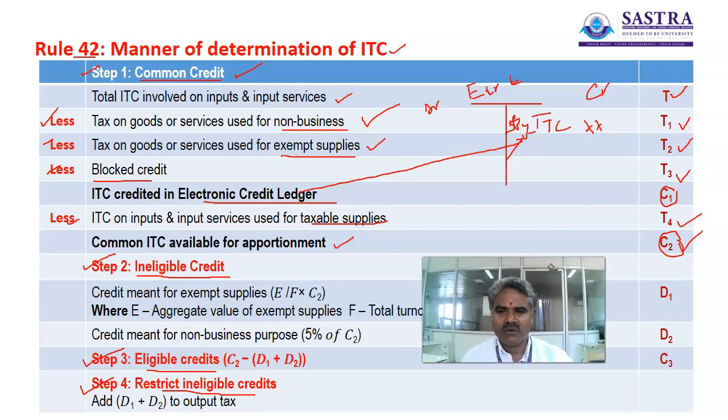C2. Now step number 2. Ineligible credit. Credit meant for exempt supply. This is D1. So here credit meant for exempt supply, E is exempted turnover, F is total turnover, and C2. This value will be taken. Whatever amount, this is called D1.